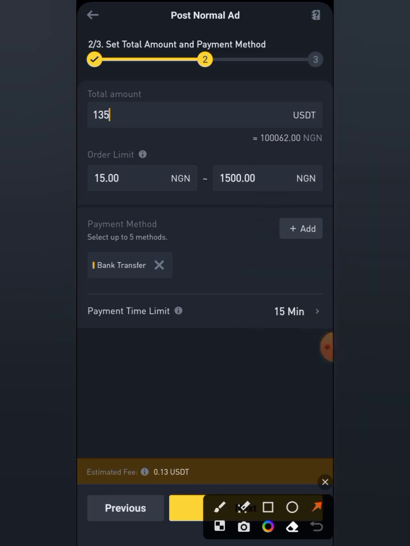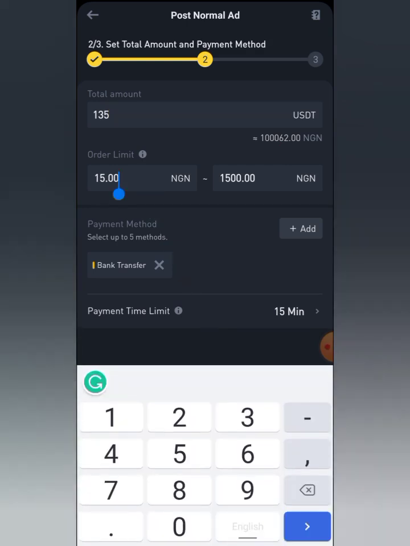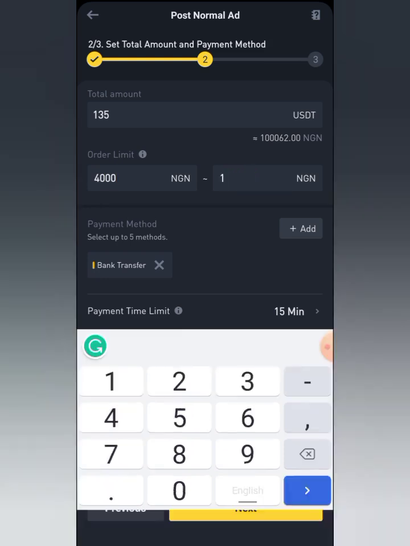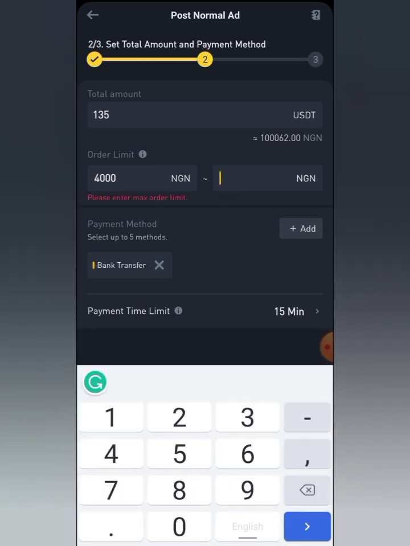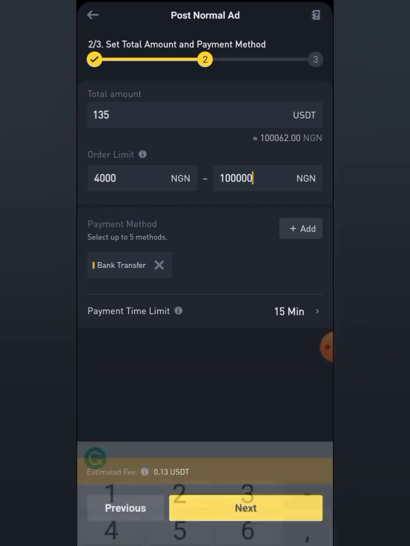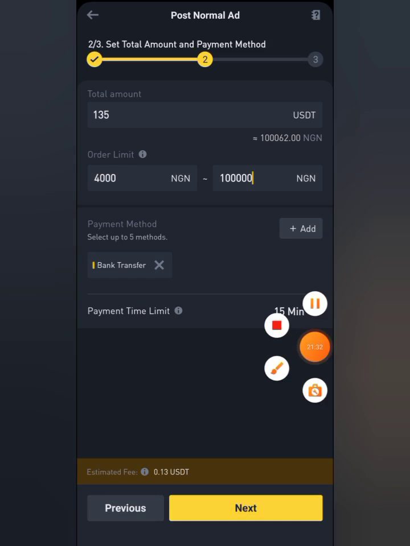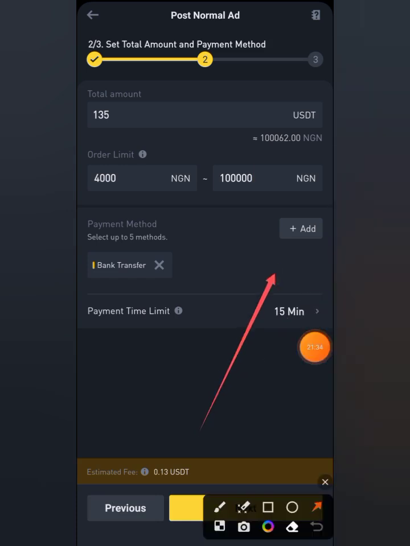Then you come to order limit and set how much you are willing to buy. You can set it from, let's say, 4,000 naira to, let's say, 200k or 100k, whichever one, so that you don't limit them. And then it's on bank transfer. You can come to this place and add your payment method.